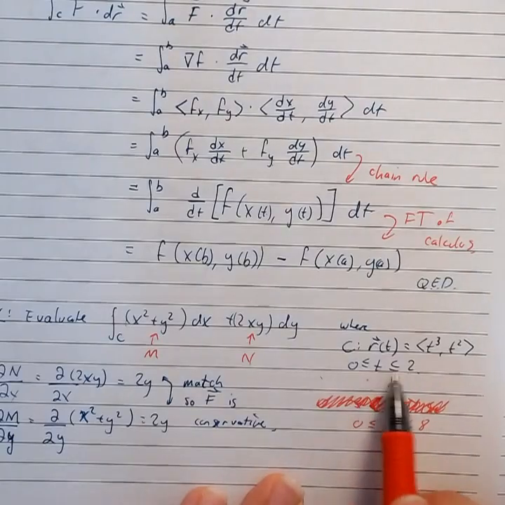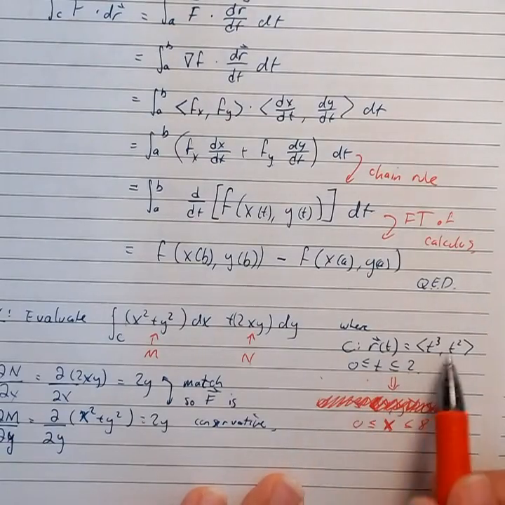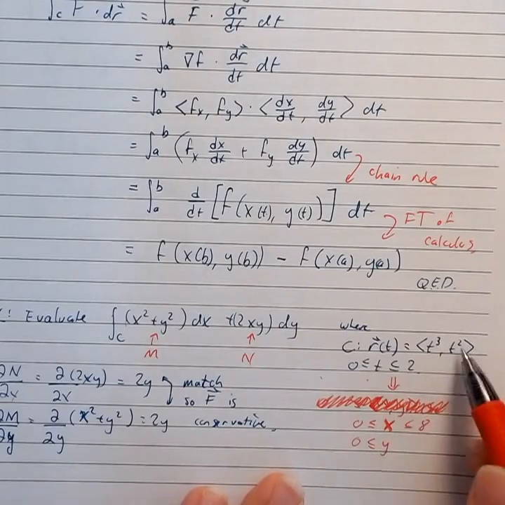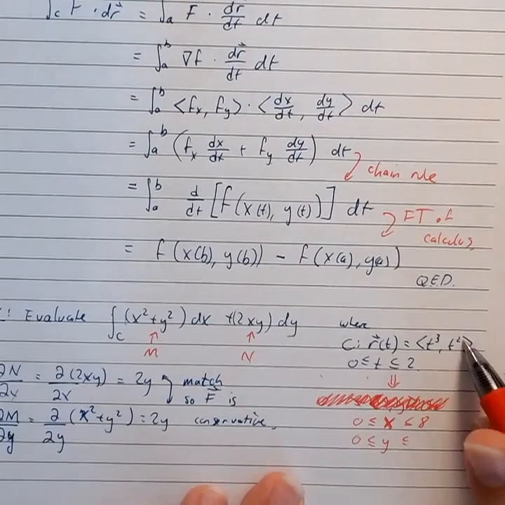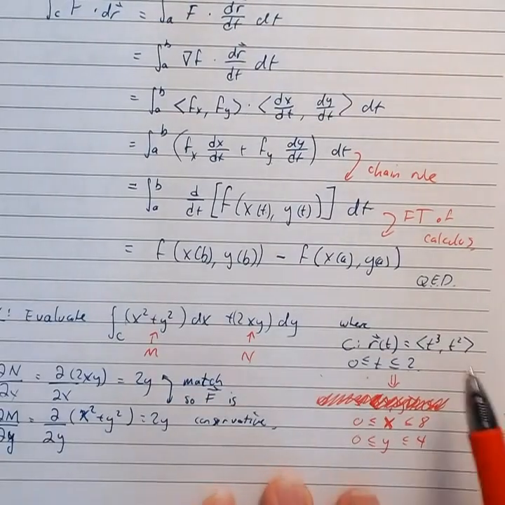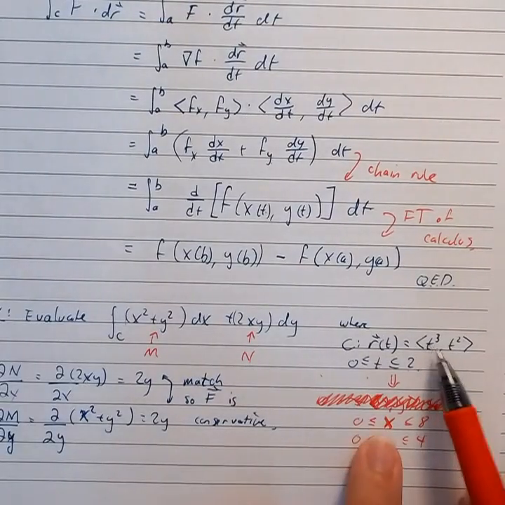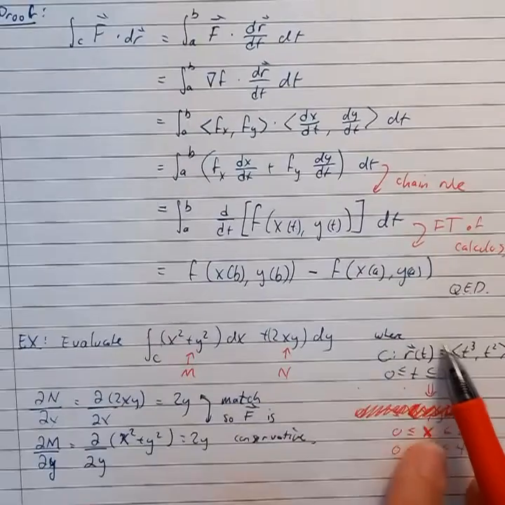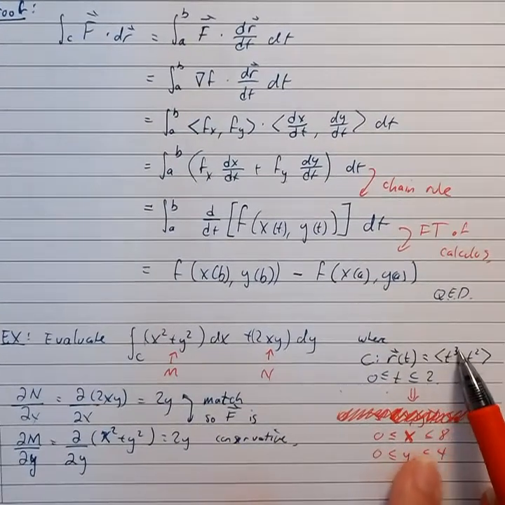And likewise here, t is 0. So then my y value is going to be bound from 0 up to t squared, which is 4. So here, that's my x value. It's going to go from t equal to 0 to t equal to 2. When t is equal to 0, I get 0. When t is equal to 2, that's 2 to the third power, which is 8.